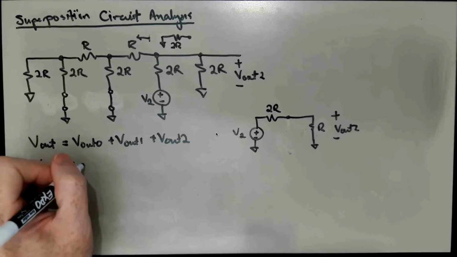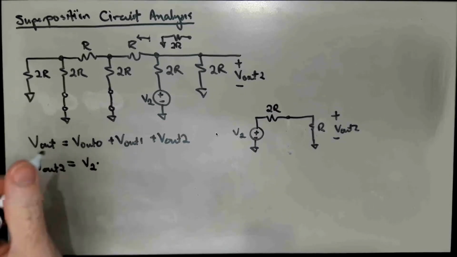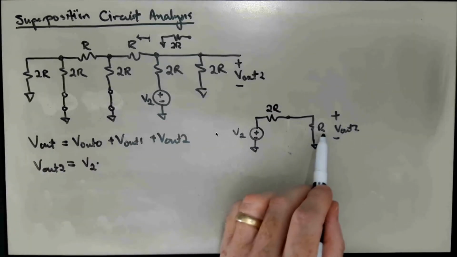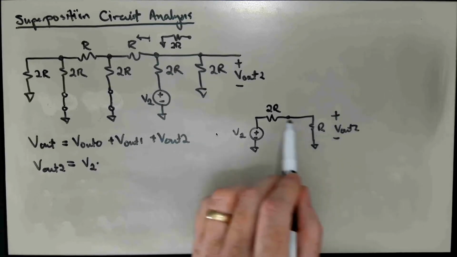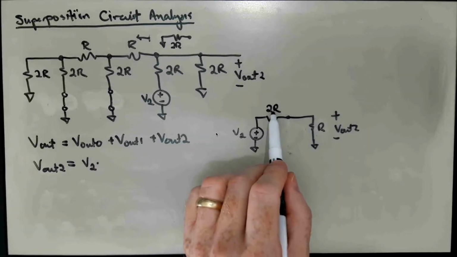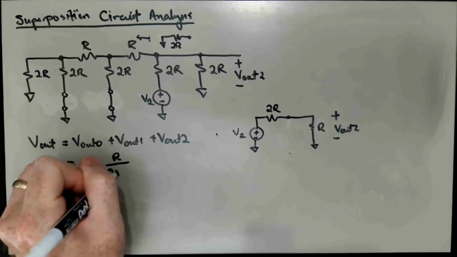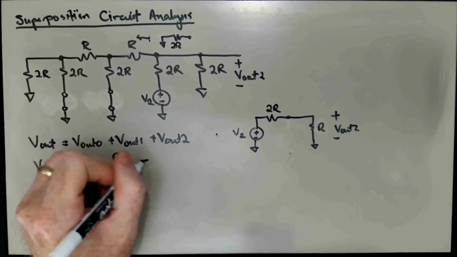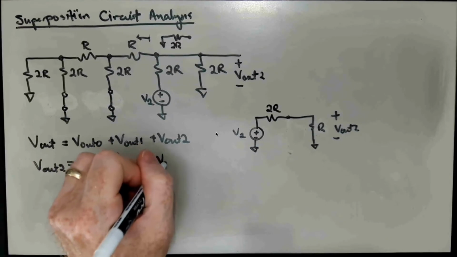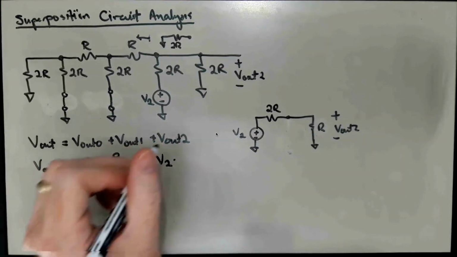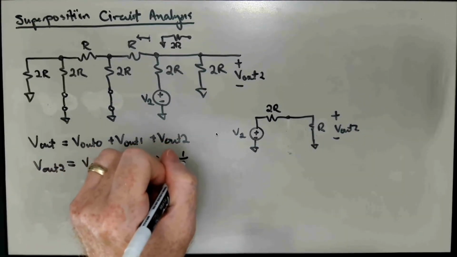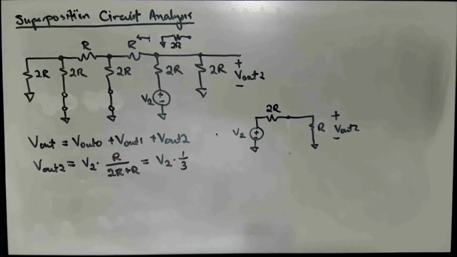So we have V2 times R over 2R plus R, or V2 times 1/3, because the R's cancel. R over 3R.